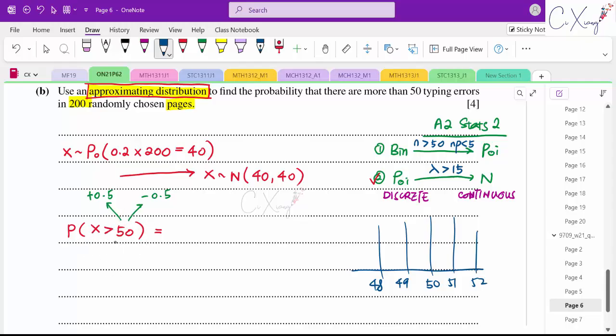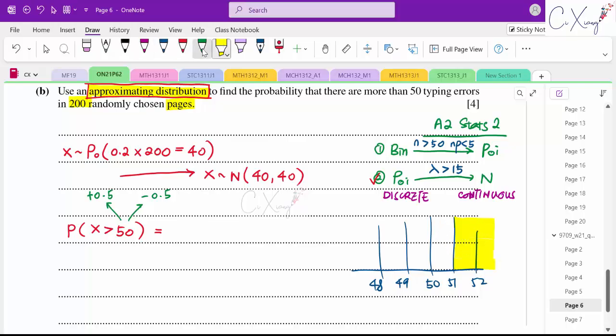It is not, right? Because there's no equal sign here, which means 50 is not included, and your calculation starts from 51. I highlight the area on the right hand side of 51 because it is greater than or equal to 51.